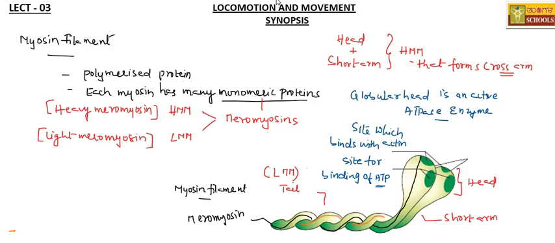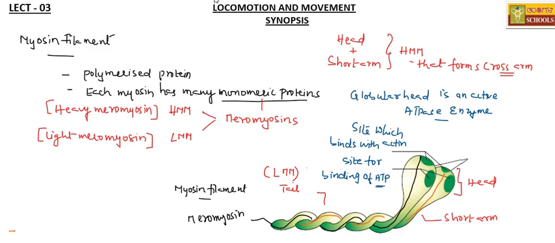So this is another meromyosin. You can see there are two meromyosins, and many such meromyosins together constitute one thick filament.